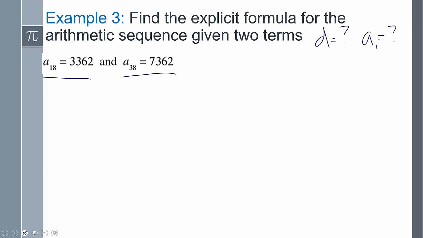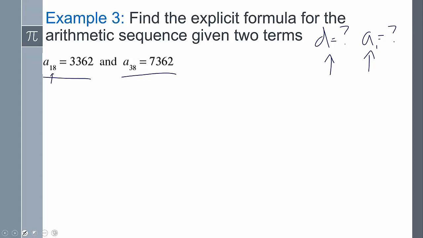In any situation that you get 2 unknowns or 3 unknowns or 4 unknowns, we have to be able to establish an equation per unknown. So in this instance, because I don't know 2 values, I have to establish 2 equations to be able to find what those are. Well, the only equation that I know is the actual formula that's involved with each type of sequence. So in this instance, the arithmetic sequence, I should write out the formula.